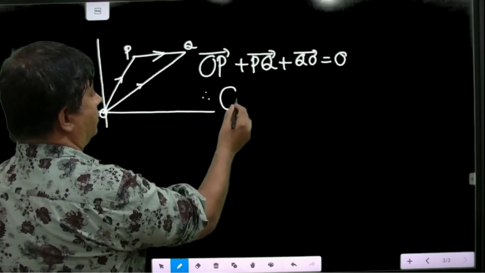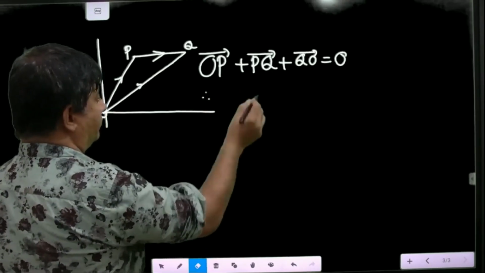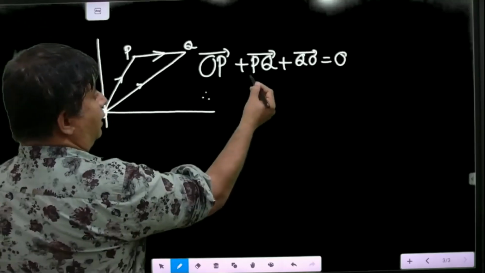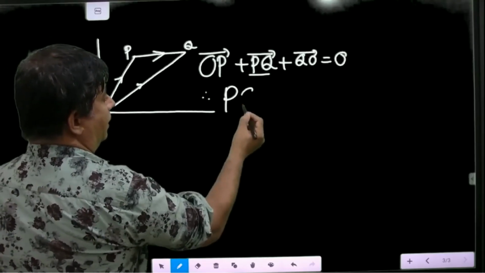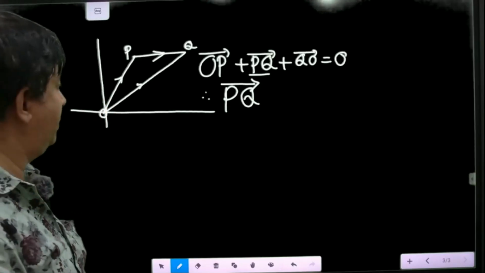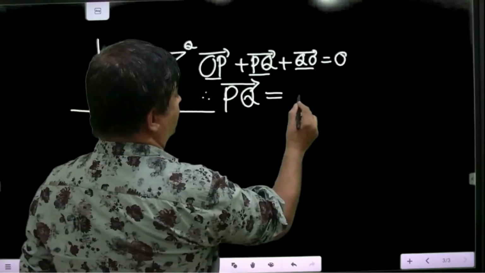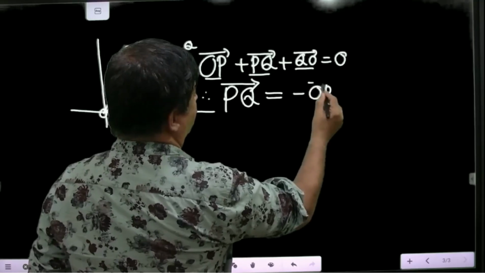Therefore, you do one thing, you keep PQ on the left hand side and the other two vectors will be shifted to the right hand side.